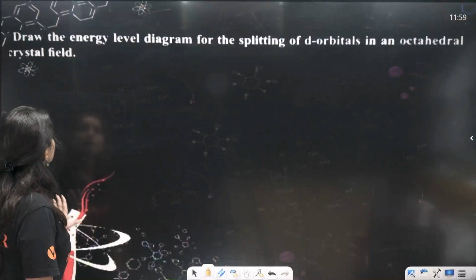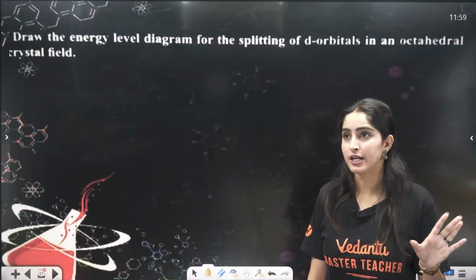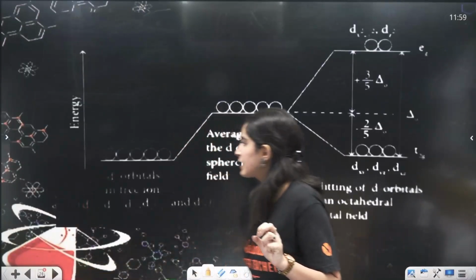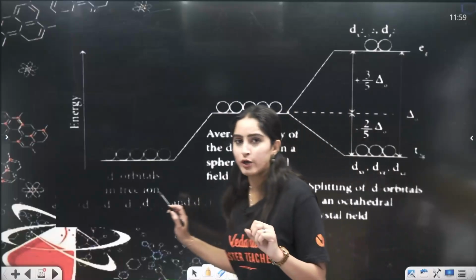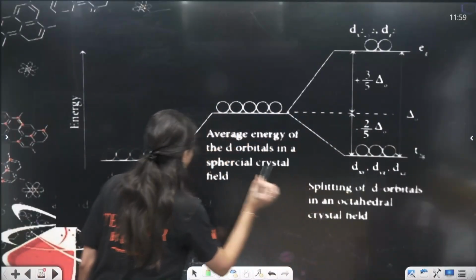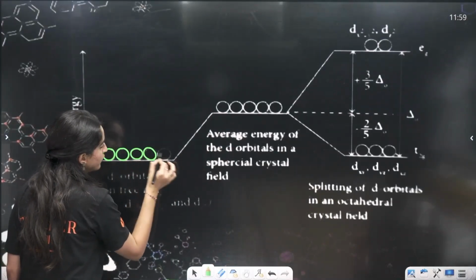Okay. Now, draw the energy level diagram for the octahedral species. Now, that is simple, right? Let us see how to draw the energy level diagram. That is CFT, crystal field theory. Firstly, what will happen? All the orbitals of d will be degenerate, right? So this is your 1, 2, 3, 4, 5.